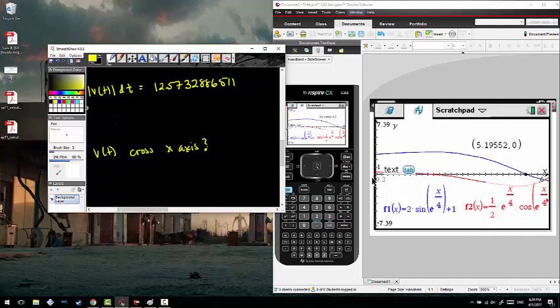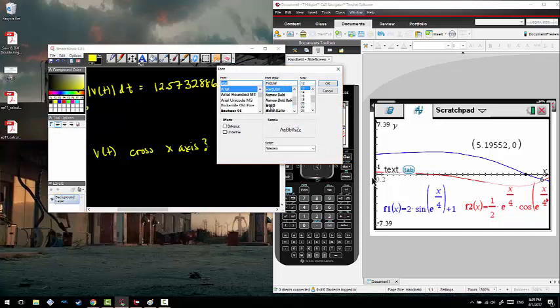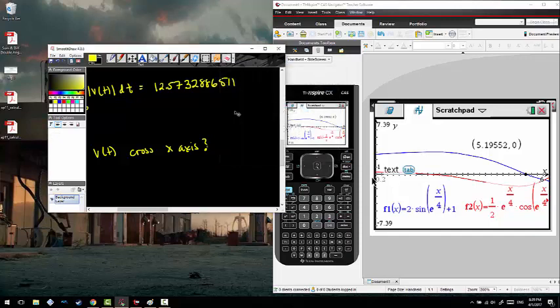So we can say that v of t, actually I'll do this in text. I'll say v of t crosses the x-axis at t equals 5.19552 and therefore changes direction.